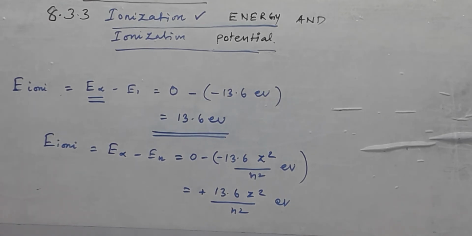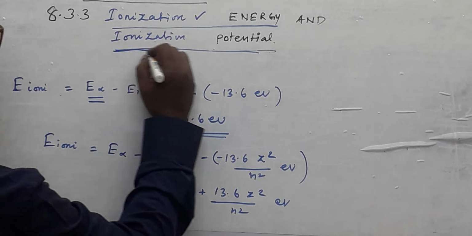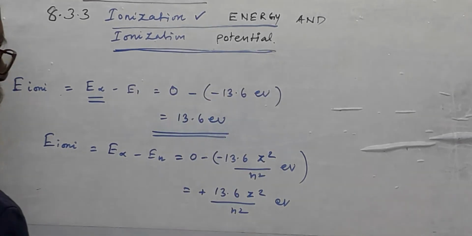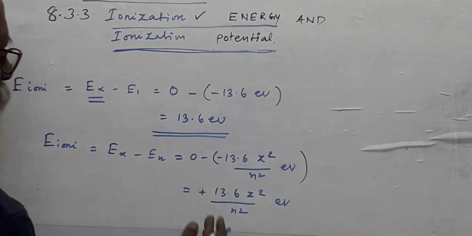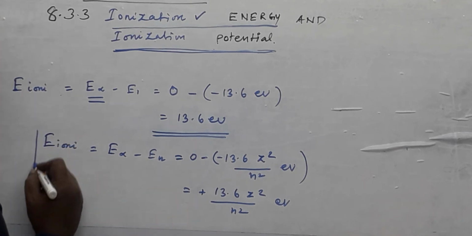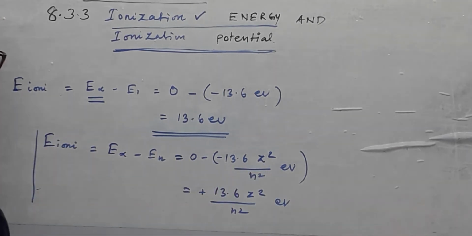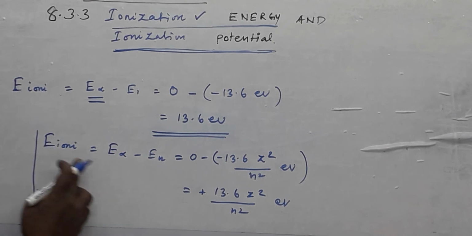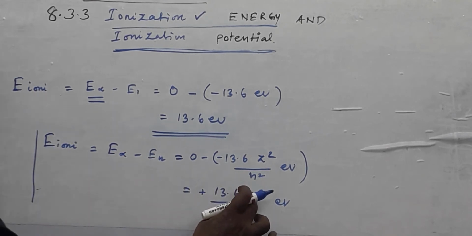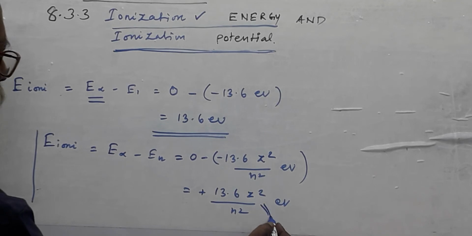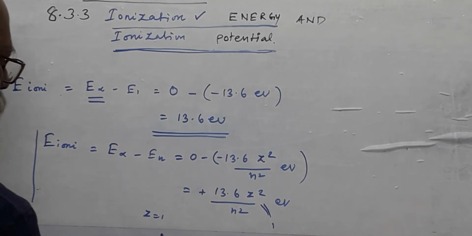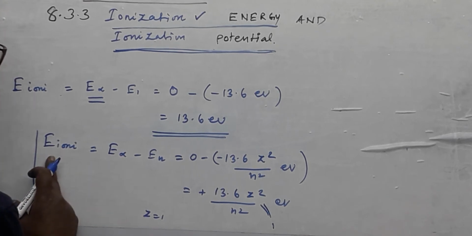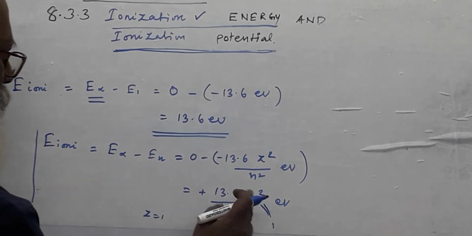Again, you want to define the ionization potential. Suppose for the hydrogen atom, Z equal to 1, what is the ionization energy of our hydrogen atom?